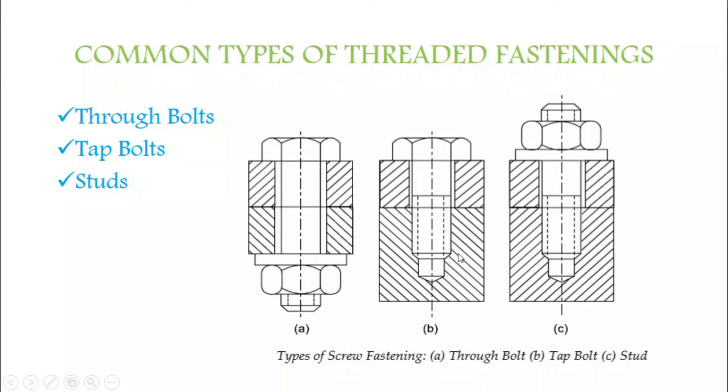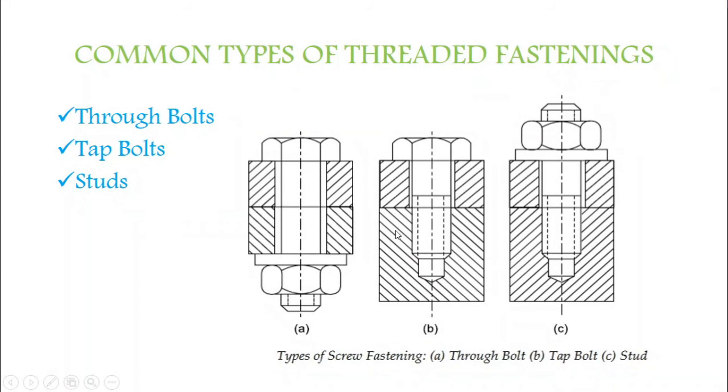And the second condition is that the material of the part with threaded holes has sufficient strength to ensure durable threads. Part 2 has sufficient strength to ensure the durable thread. This is the main property.